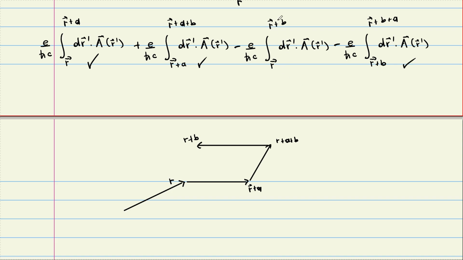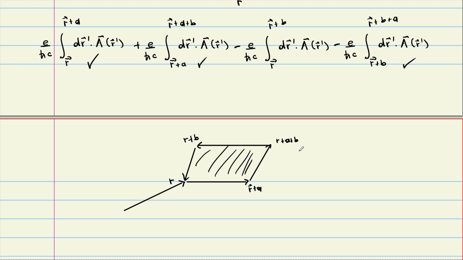And the last one is going to go from r plus b to r. Hopefully. And so this is just the line integral of A around this plaquette.